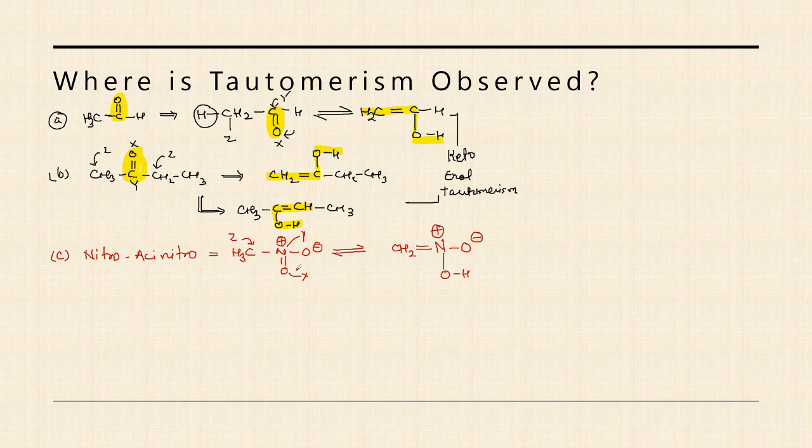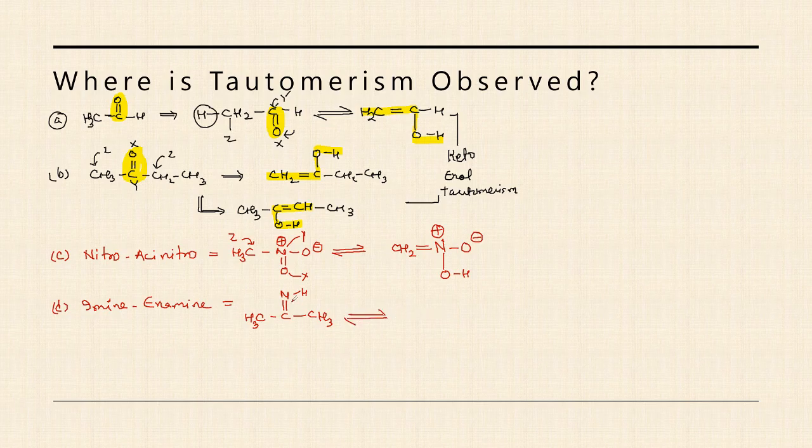Okay. The next form is enamine tautomerism. So how would I write that? CH3 C double bond NH CH3, this is imine.